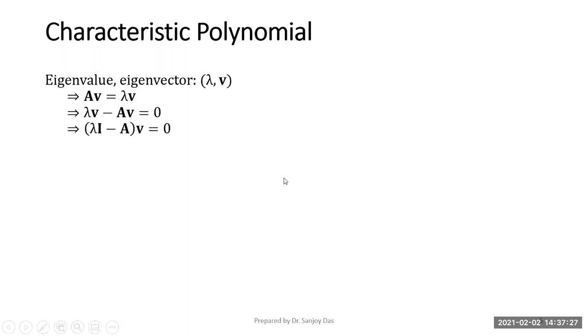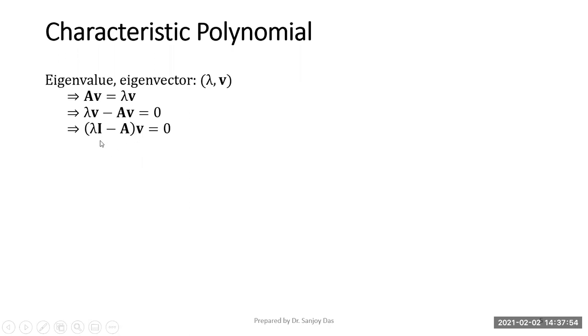This implies lambda I minus A, I'm factoring out V, so lambda I minus A times V equals 0. Remember this I, because A is a matrix and lambda is just a scalar, so you have to include this identity matrix I here.